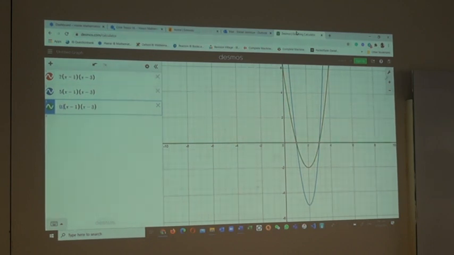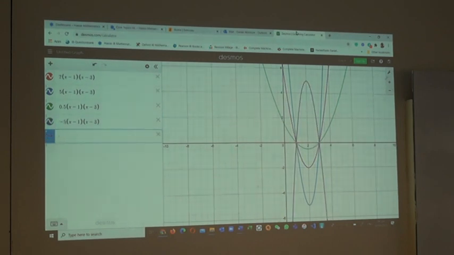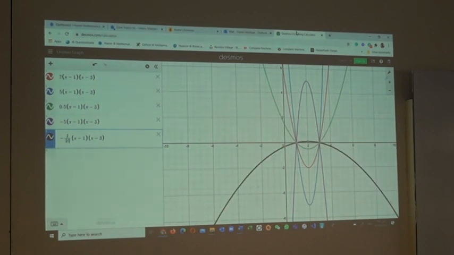Let's reduce this to 0.5. Okay, it becomes wider. Oh, maybe these are just positive. Let's change it to -5. Let's have minus 0.5, or maybe -1/3, or maybe -1/10. Can you see that?